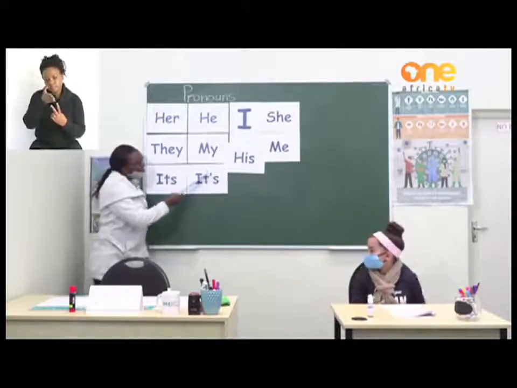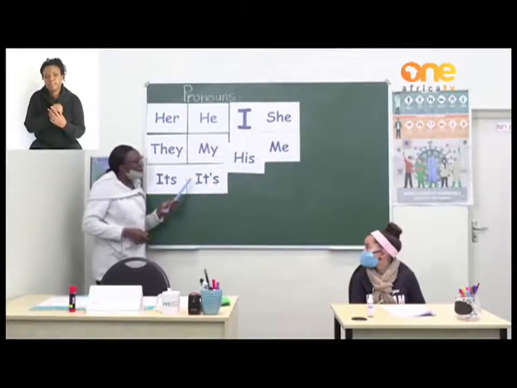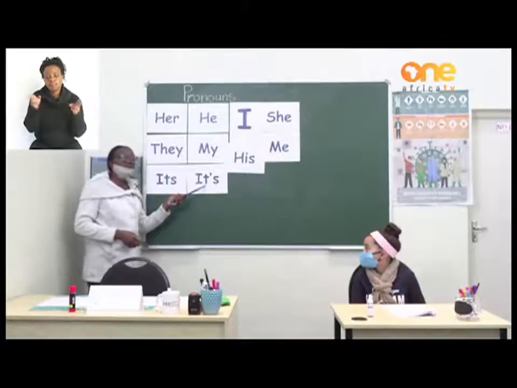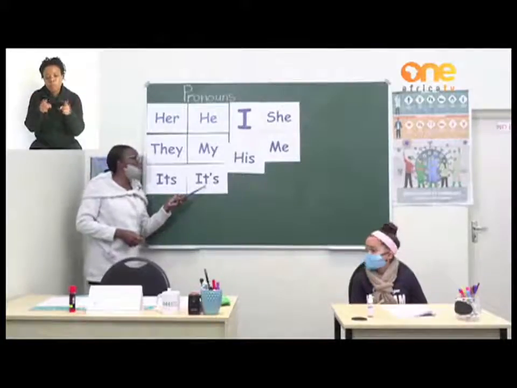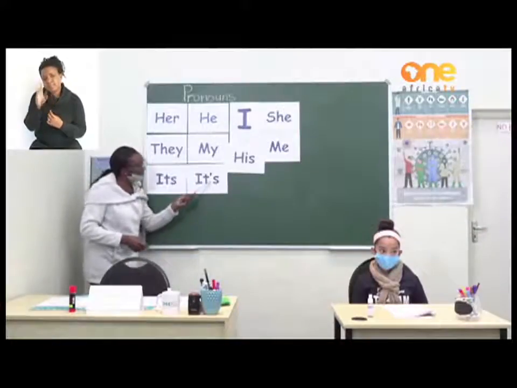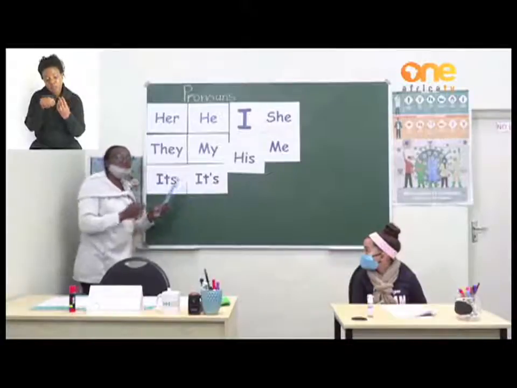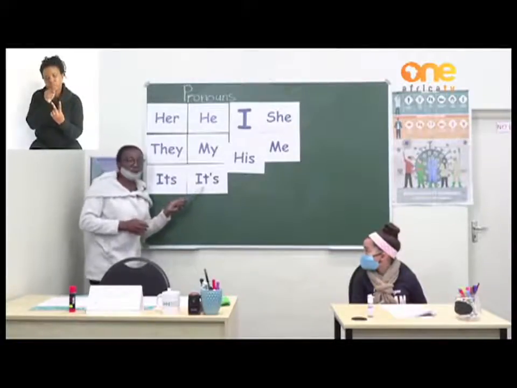Now, if it's with an apostrophe, it means that there is a letter missing, but it's not forgotten. Okay? There is a letter that is omitted. There was supposed to be a letter here, but it is shortened to make the word small.